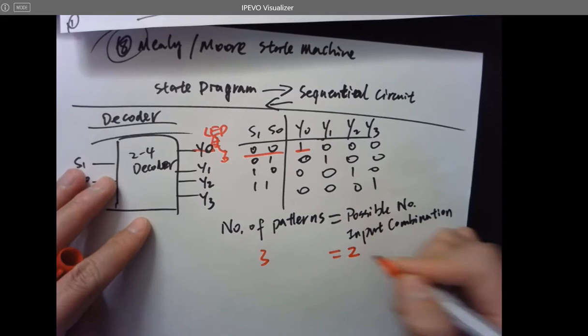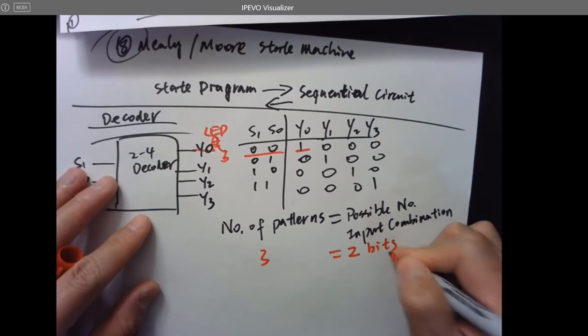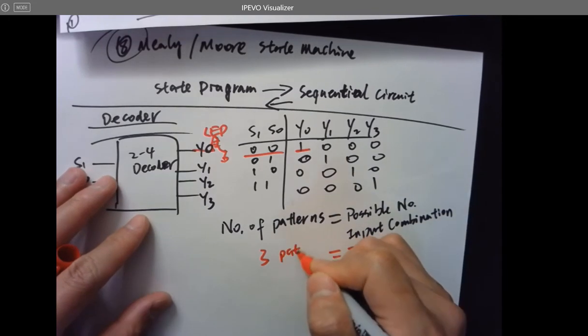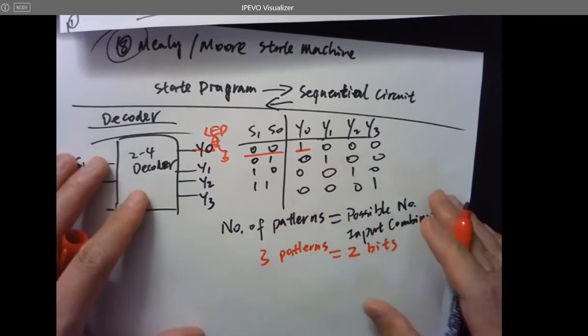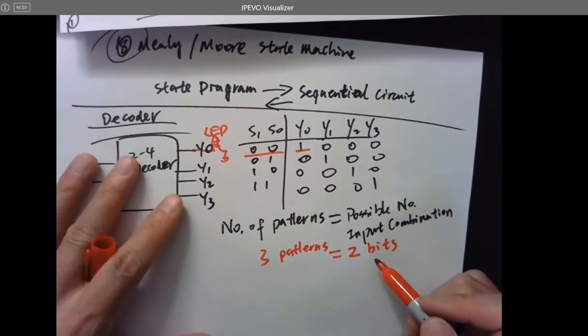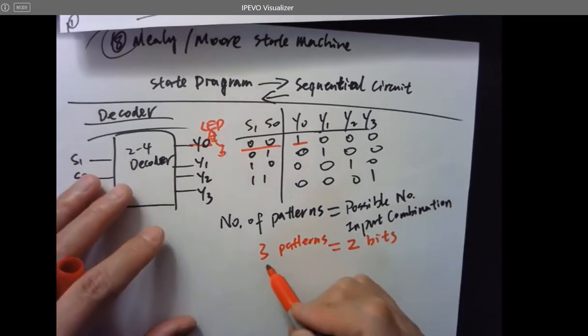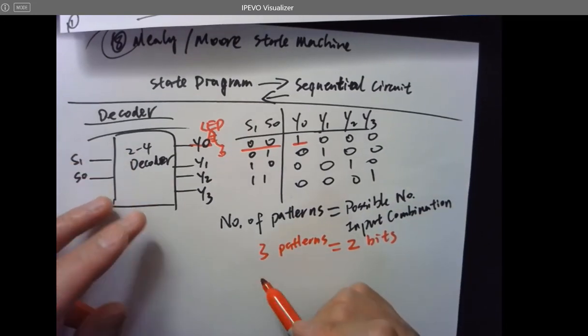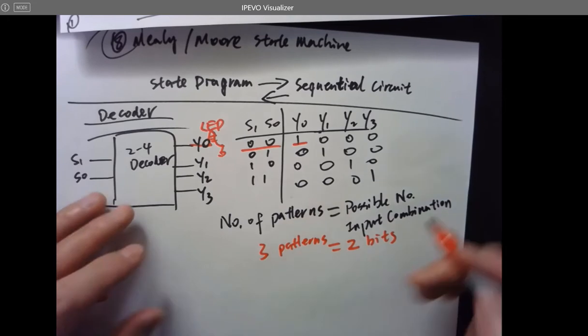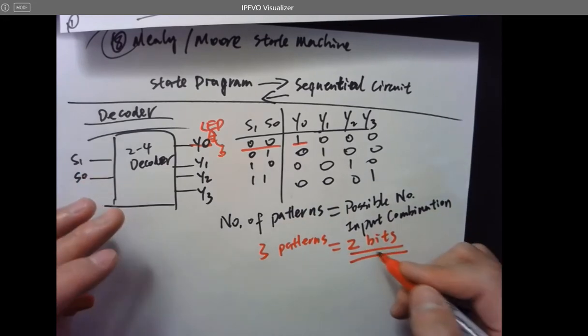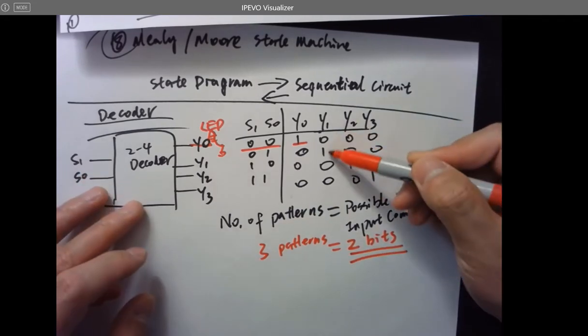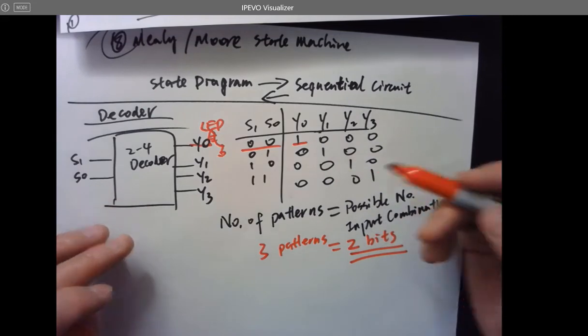It is still 2 bits. Why? Because 2 bits can give you up to 4 different types of outputs. So the maximum number of outputs this guy can handle will be 4.